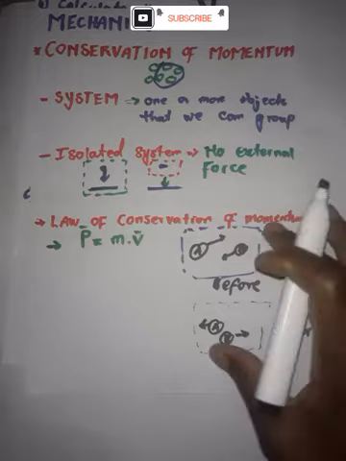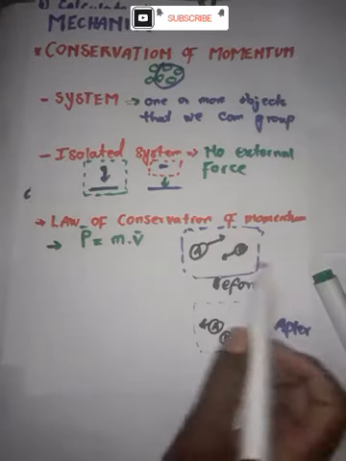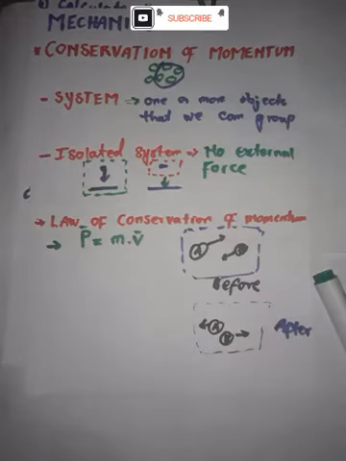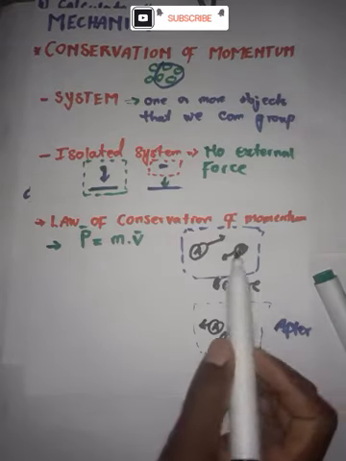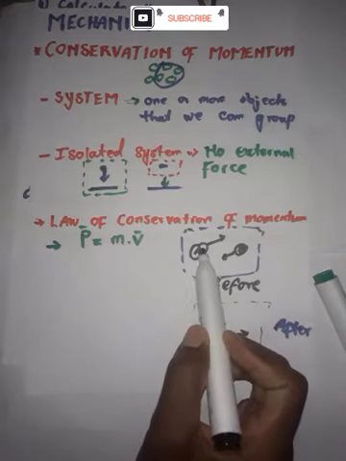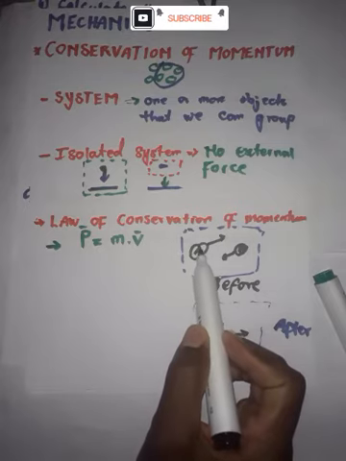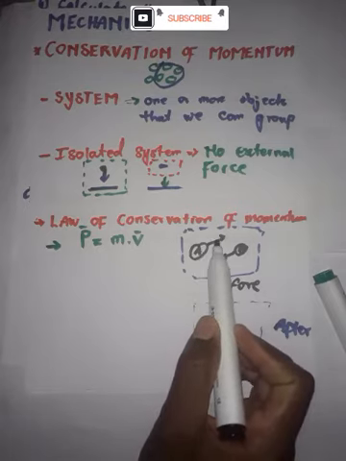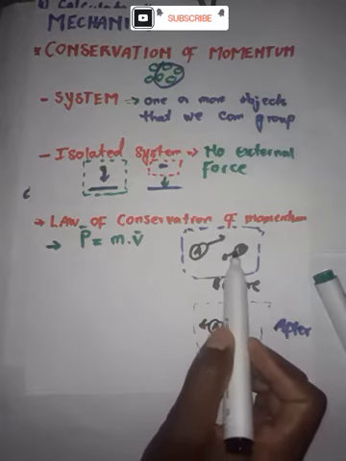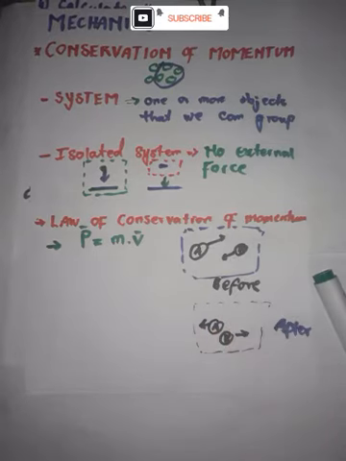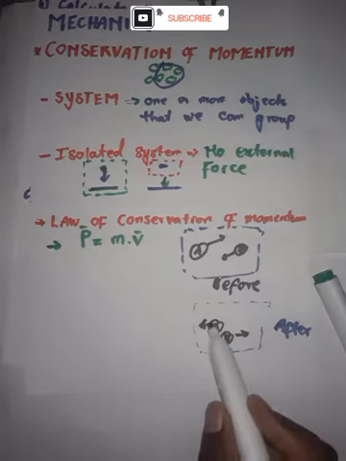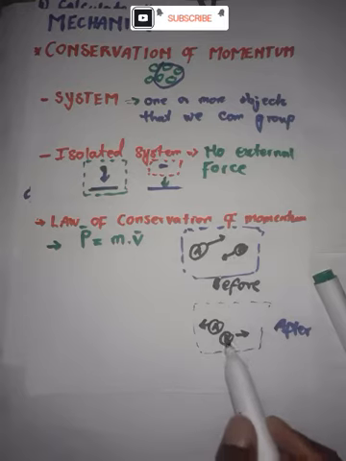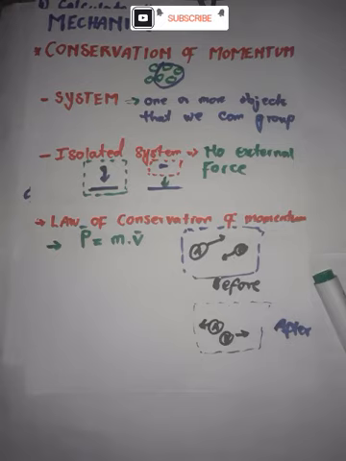But if they're inside a system where no external force is acting, then the momentum of this object, which is mass multiplied by velocity, plus the mass of this one multiplied by its velocity, is going to be the same as the momentum of the final state, regardless of the change in direction or magnitude of the velocity.